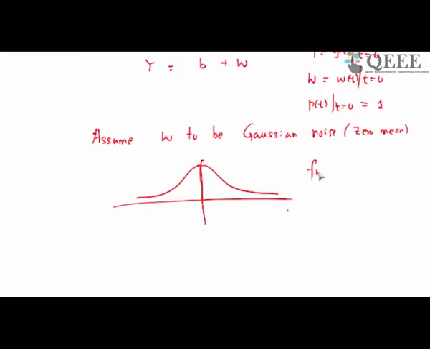This is the PDF of noise: 1 by root 2 pi sigma, e power minus 1 by 2, w square by sigma square. Sigma is basically the variance of the noise, and this is how the PDF looks. This is a very commonly used model.